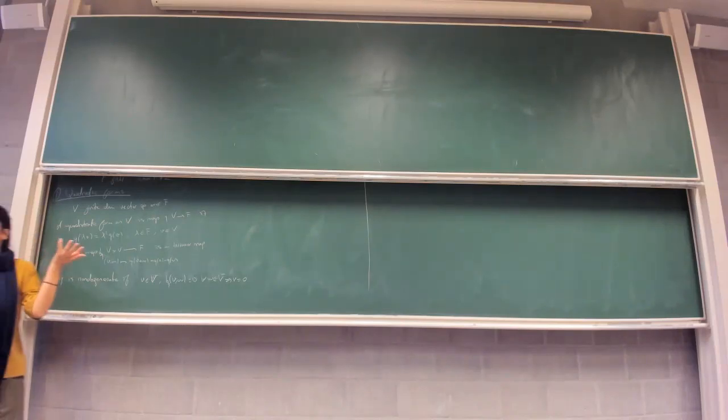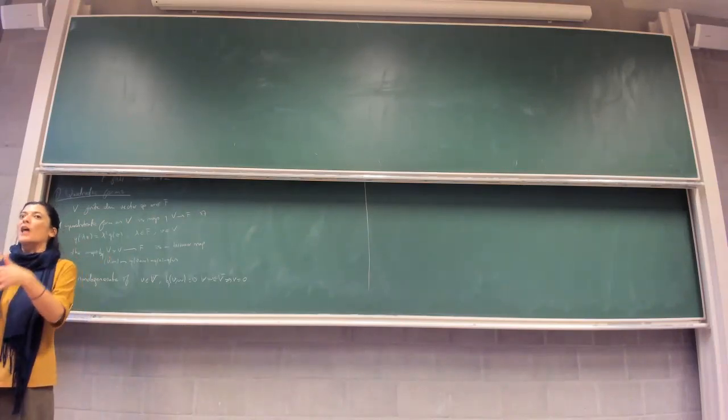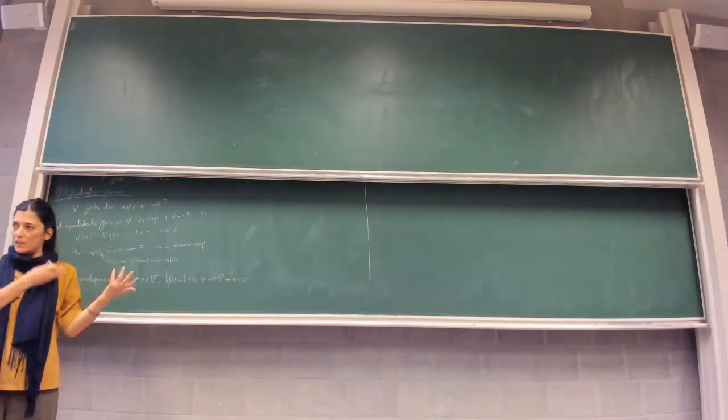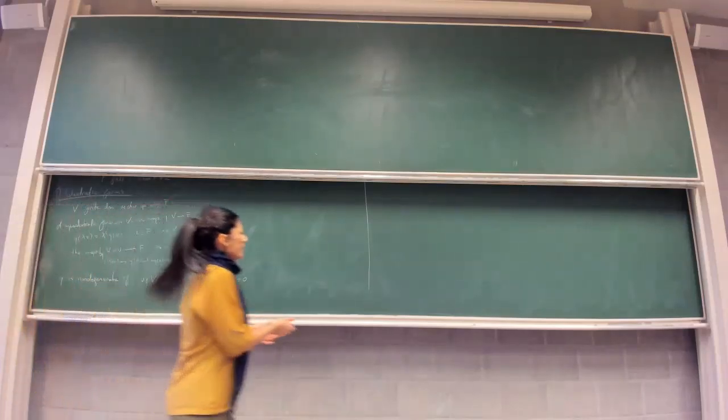So, the classification problem is basically we want to determine the isomorphism classes, and for quadratic forms, these will be isometry classes of quadratic forms.